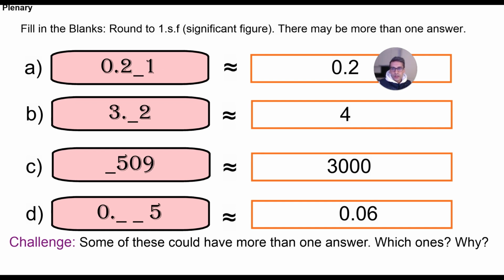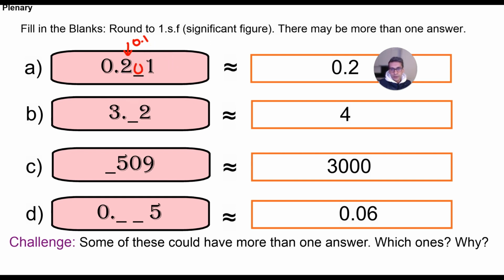Now, 0.2 blank 1. If the first significant figure is 2, which is a tenth, this is going to be rounded to the nearest tenth, and it gives me 0.2. Now, if that was a 5, that would have become 0.3. If it was a 6, a 7, an 8, a 9, that would have become 0.3. So we know it can't be any of those.